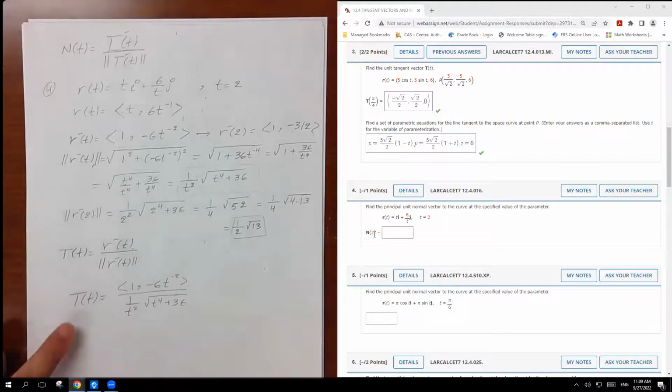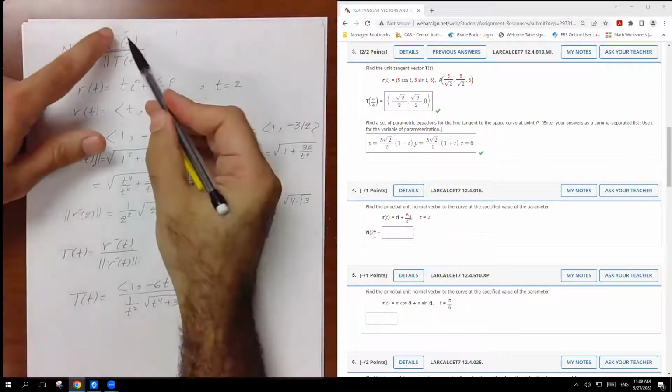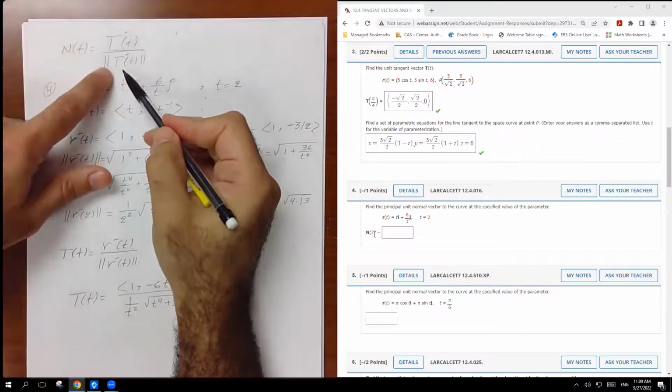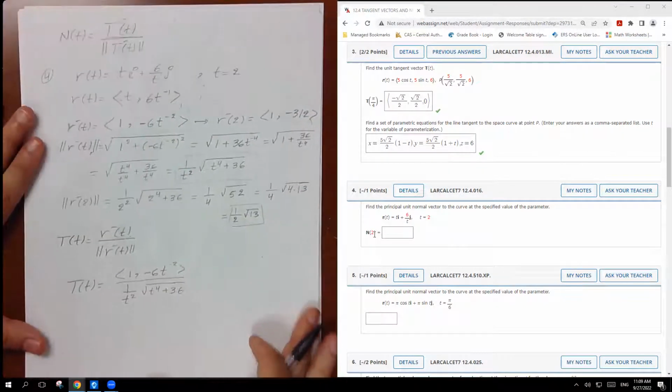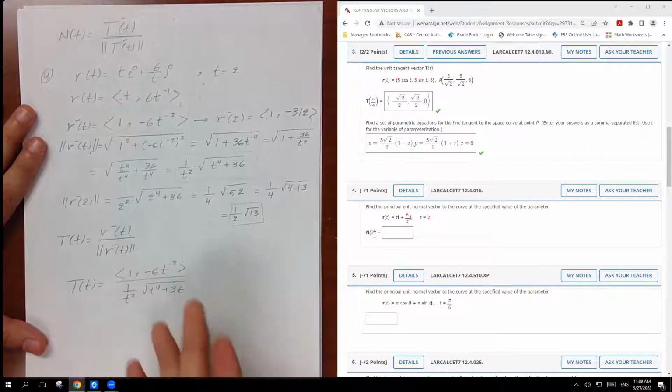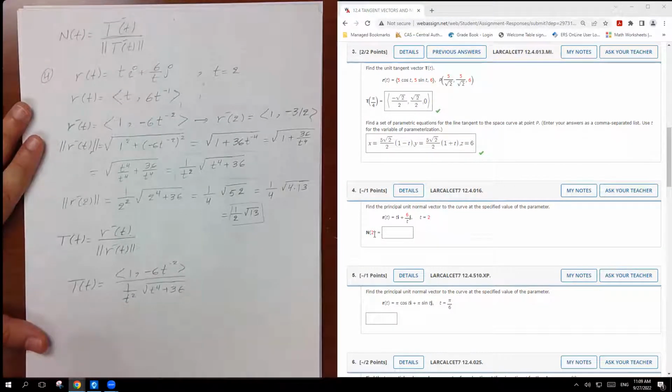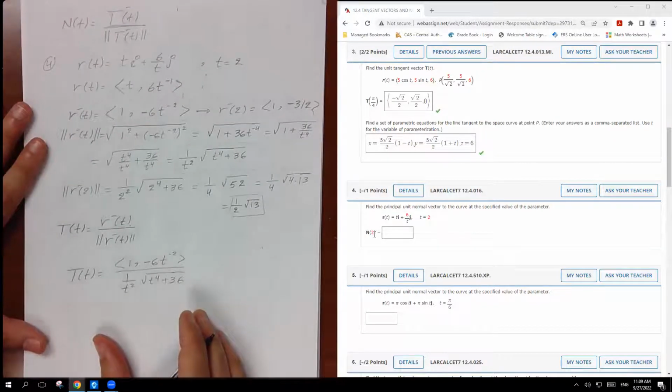Yes, so I need to find the tangent vector, because the derivative of the tangent over its length is going to be for the normal vector. So when I derive it, I can find the principal unit normal vector.